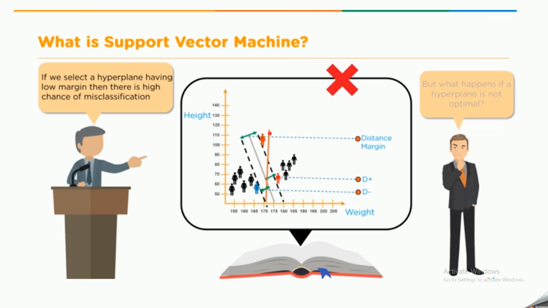One point to remember, this particular line, which is not able to correctly classify a given data point into the desired data set, leads to misclassification, and such a scenario is called LSVM. L stands for linear support vector machine.